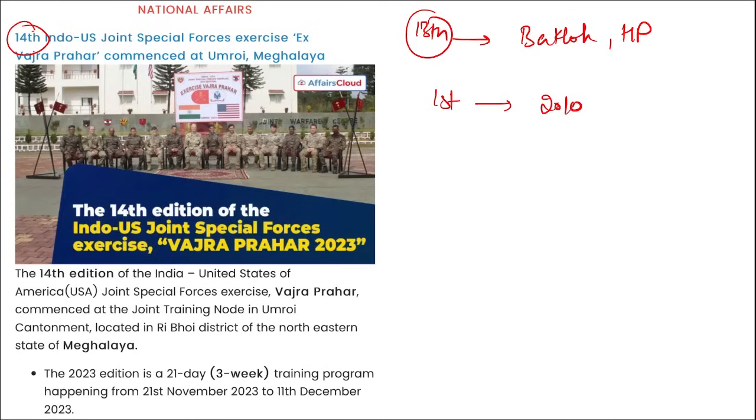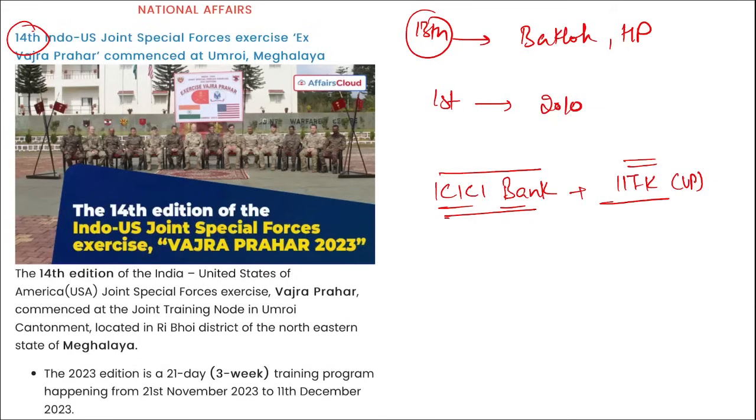Then tell me, recently ICICI Bank tied up with which IIT in order to foster startup innovation? It is IIT Kanpur, in UP. Then Mukhyamantri Ladli Behna Awas Yojana, this was launched by which state government?